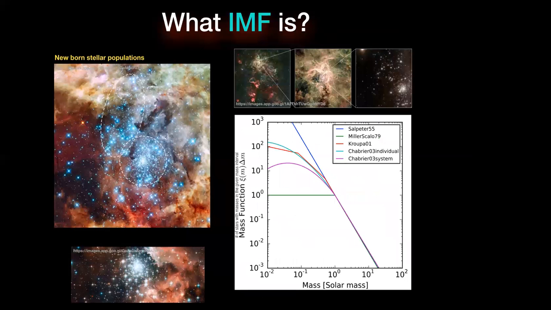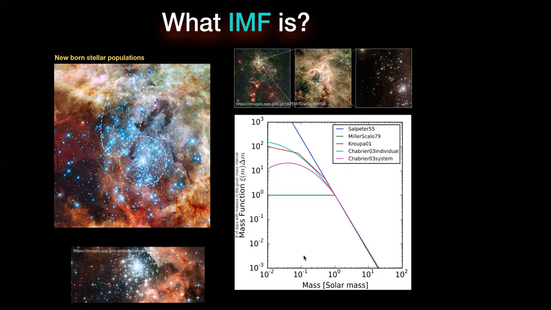Before I go into the IMF, let's have a very quick introduction to it. We all know that star formation occurs in the form of clusters. Stars do not form in isolation. Whenever a newborn stellar population comes into existence, it comes with a variety of stellar masses.